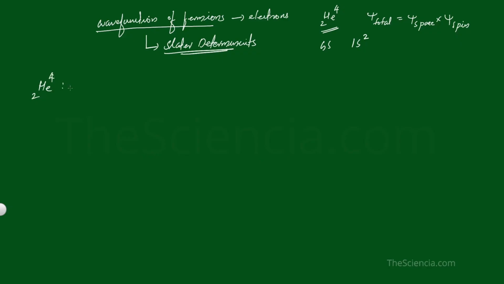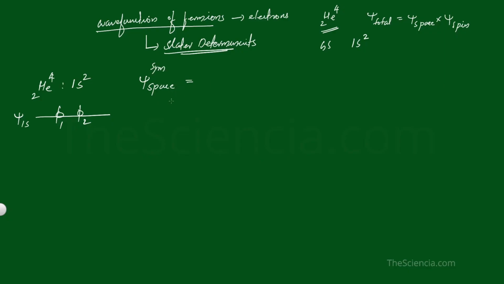And earlier we already solved this problem, that is, 2 electrons are in the 1s state. That is, there is only a single state and both electrons are in the same state, and the state is the 1s state, right? So we can write its space part. Here both electrons are in the same state, so only the symmetric part is possible.